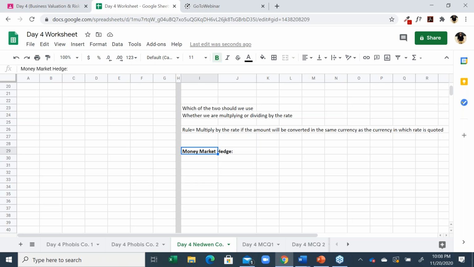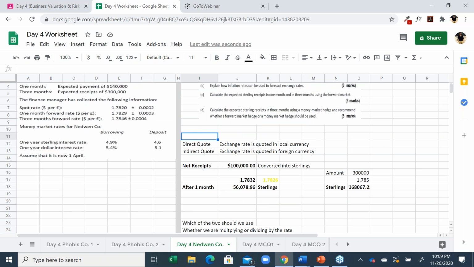So we can use money market to create a certainty related to what exactly we will be receiving in 3 months time or 2 months time or 1 month's time. Like in case of forward contract, we have calculated exactly what we will be receiving in 3 months time.